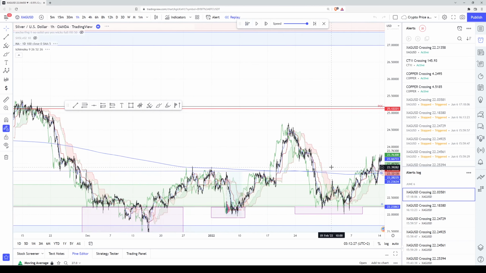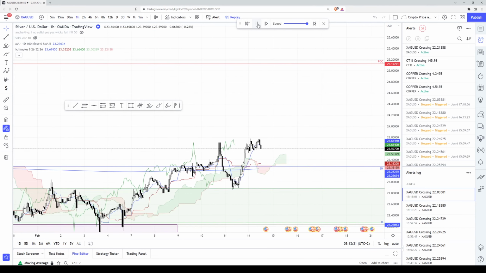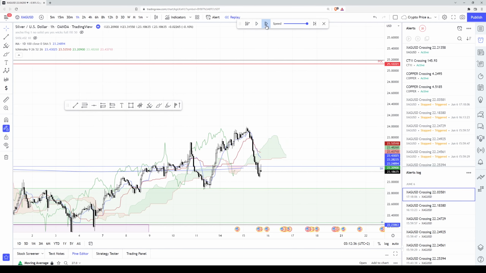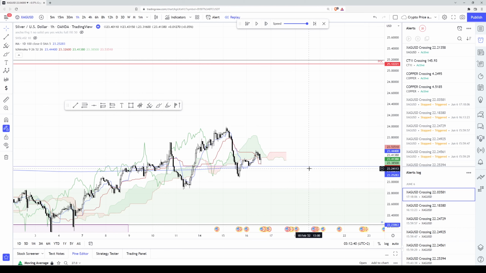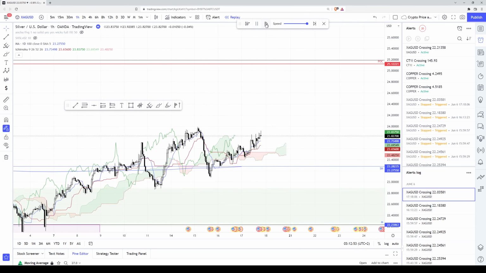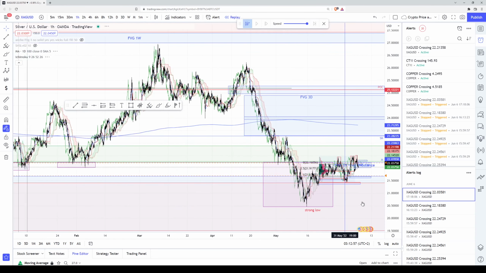You can click right here, and in that way you can see how price moved step by step, and also how the indicator moved accordingly, and that way you can manually write down every single time you would take a trade, at what place you would take profit, your stop loss, etc. And this is a good way to backtest manually.